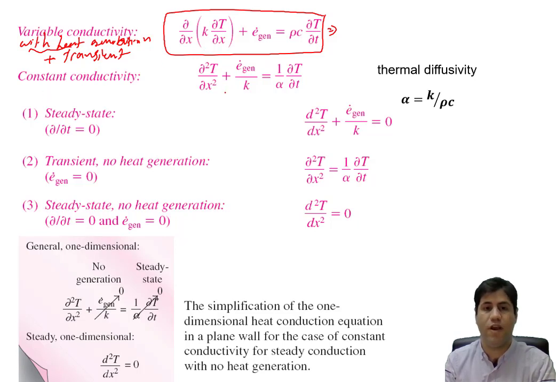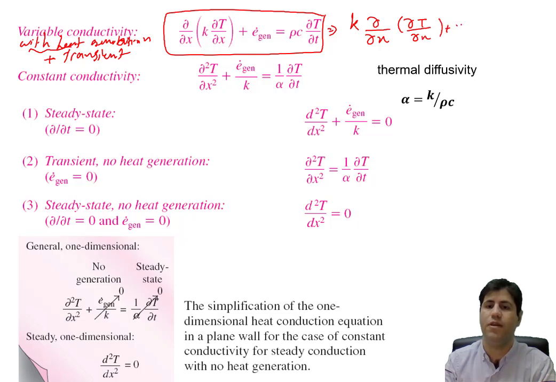Now we are going to reach this equation when we have transient heat transfer and heat generation, but with constant thermal conductivity K. In this case, K can be brought out from this partial. It will be like this: K partial squared T over partial x squared plus e dot generated equals rho C partial T with respect to time.